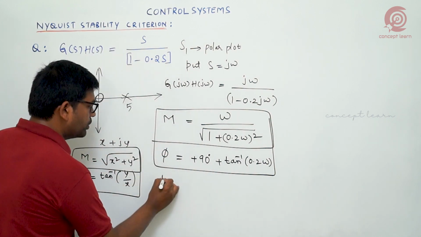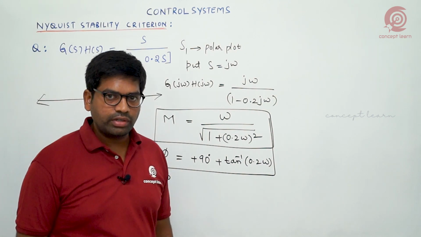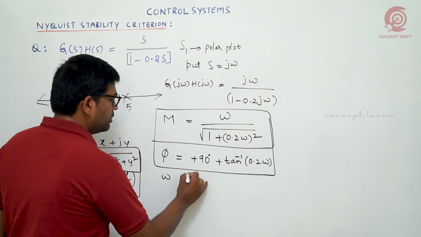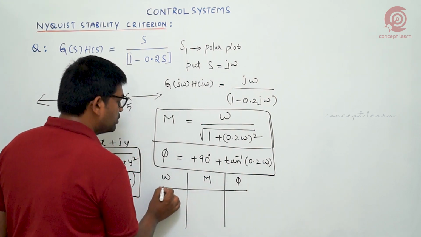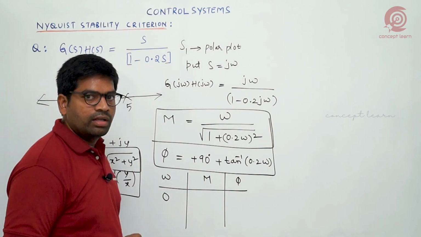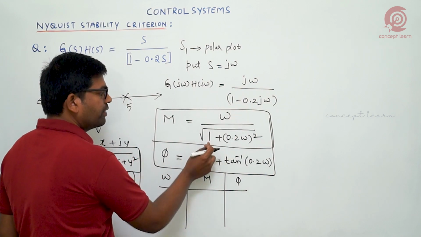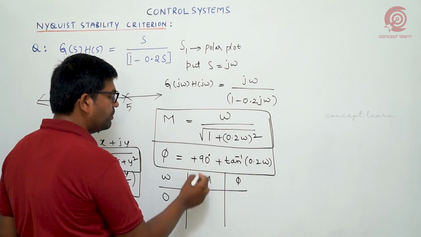Now we are substituting the frequency to get both the magnitude as well as the phase angle. At the starting point, omega is equal to 0: 0 by square root of 1 plus 0.2 times 0 means the overall result will be 0.